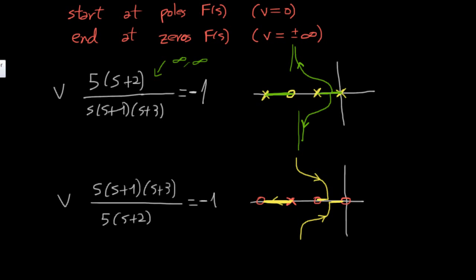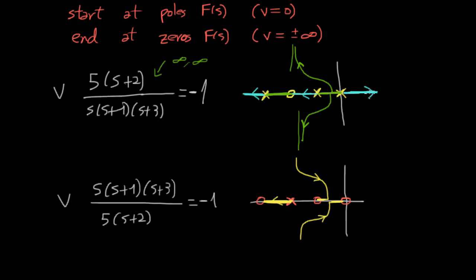Actually, I've only drawn the positive root locus. The negative root locus in this case would be this branch, this branch, and this branch.